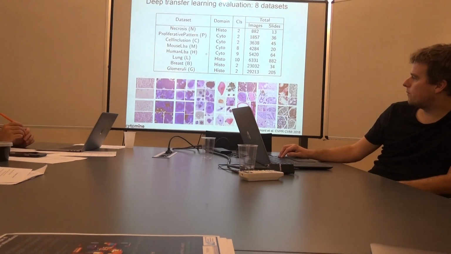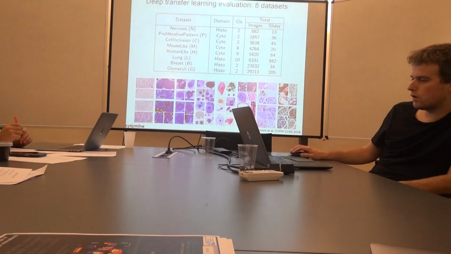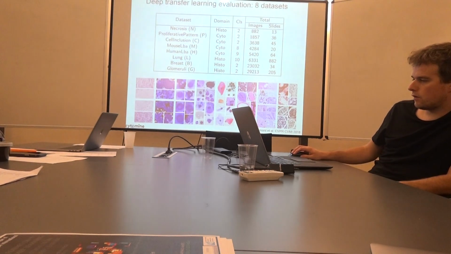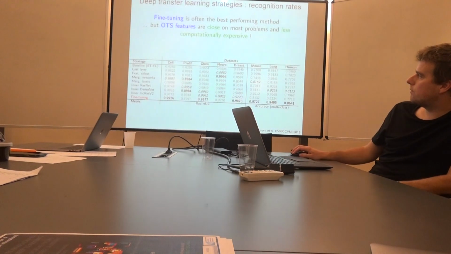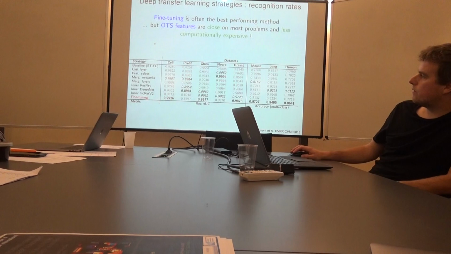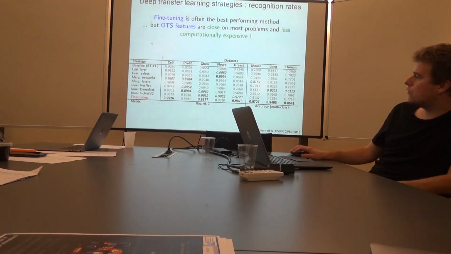Very briefly, what we have evaluated is this network on different types of biology problems, like recognizing different types of cells here, or different types of tissues in renal biopsies. To make the story short, yes, you can use these networks that were built on natural images, and you can use them to classify biology objects.